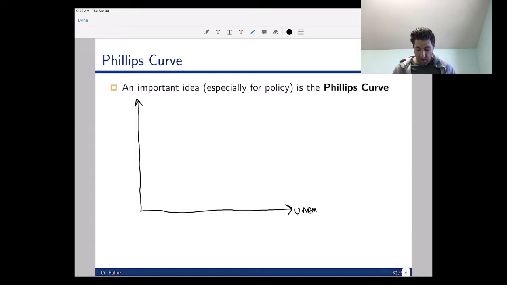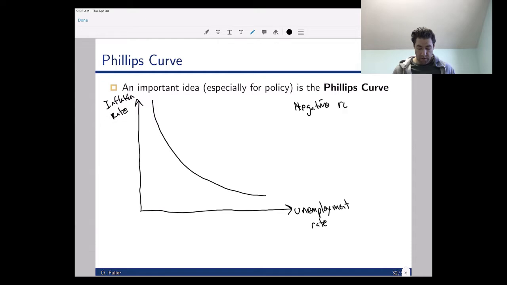So I'm going to plot the unemployment rate on the horizontal axis and the inflation rate on the vertical axis. And the Phillips curve was a negative relationship between inflation and unemployment.